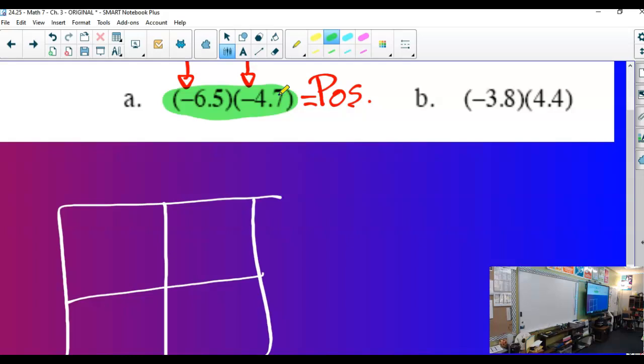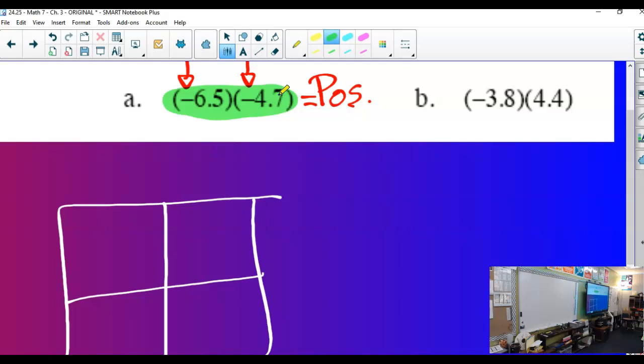Then, how many decimal places do we need it to have? How many from the 4? How many from the 3? So we need 2 total. So we need 2 total decimal places. Ooh, you gave it 3. So I just need 2 point 1, 2, 3.